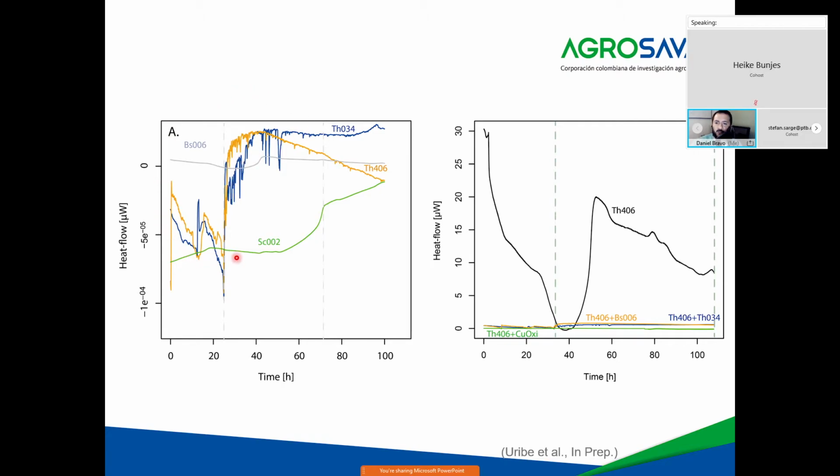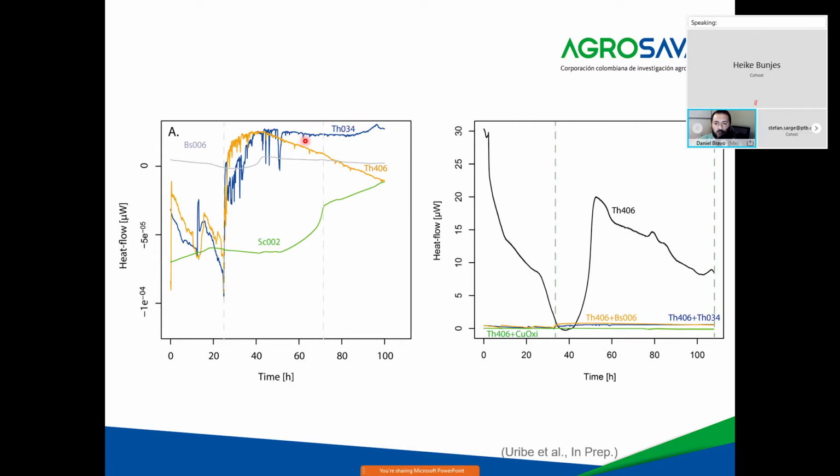Here in the first thermogram, you can see the behavior of the heat flow of the individual strains. So this yellow and the blue heat flows correspond to the Trichoderma species.